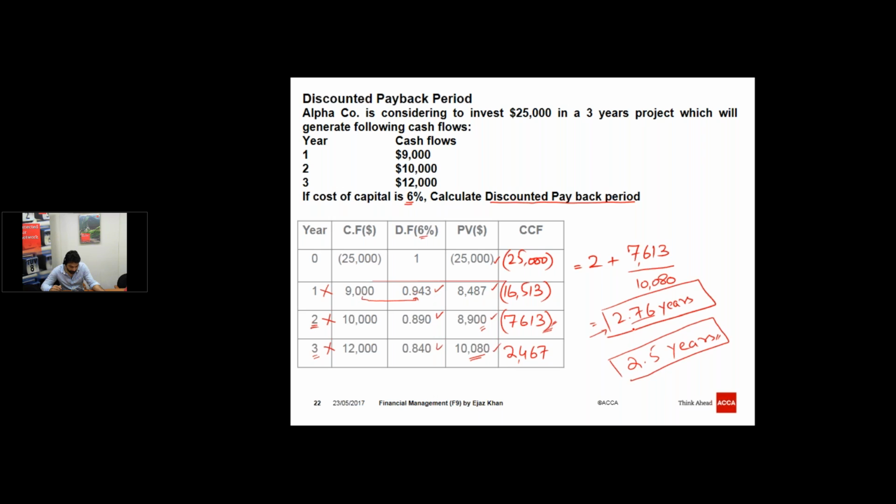Ziyak, we usually don't need to calculate the answer in days. So we will be asked to calculate in years or months. That's it. So there's no need to calculate in days.